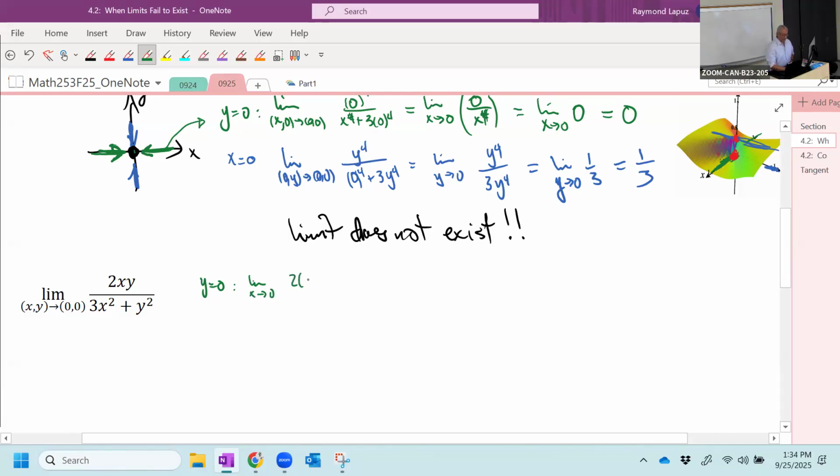This is 2 times x times 0 over 3x squared plus 0 squared. So the limit as x approaches 0 of... oh no, that's just 0, because everything is multiplied by 0. Before we even take the limit, it already becomes 0.